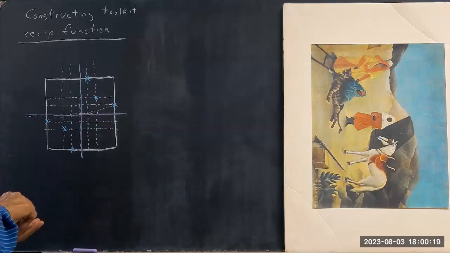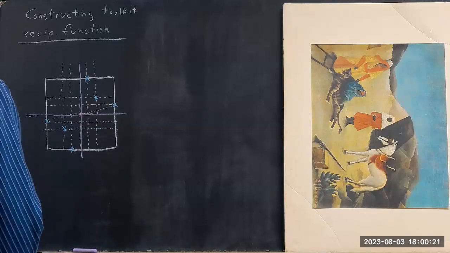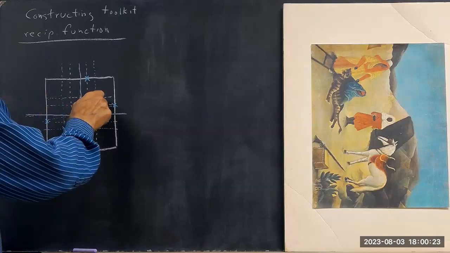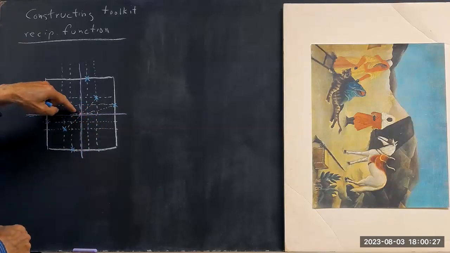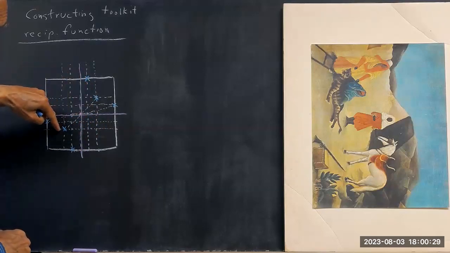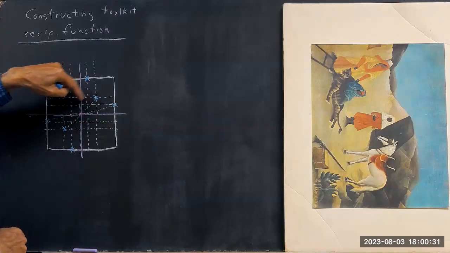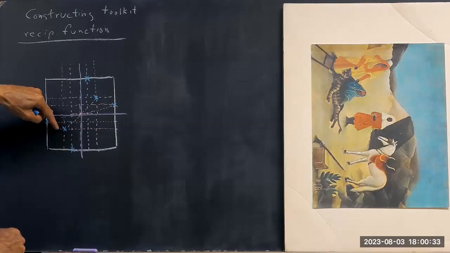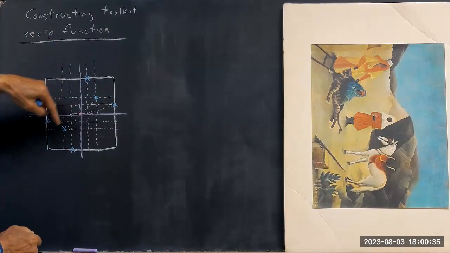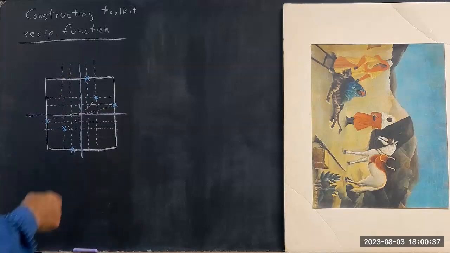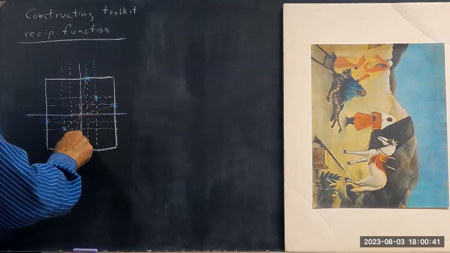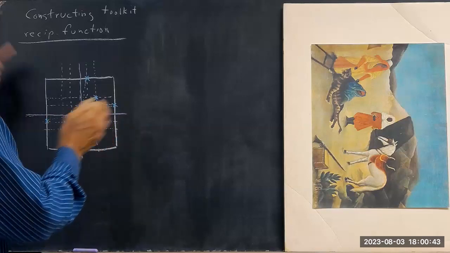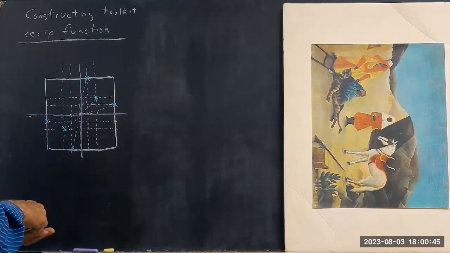Okay, those are my points. Notice that these points occur in pairs. I draw a line through the center from this point to this point. Or if I draw a line from this point to the center, it goes through this point. Alternatively, the center is halfway between this point and this point. And the same thing here. So we have all this symmetry.